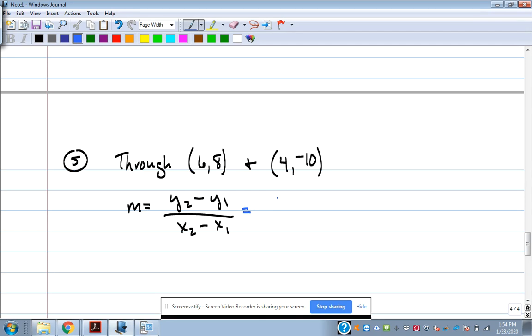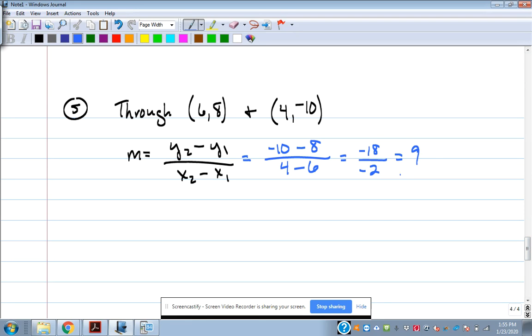I'm going to start with the negative 10, and I'm going to subtract 8. Since I started with the negative 10 y value, I've got to start with the x value that goes with it, so that'd be 4 minus 6. That's going to give me negative 18 over negative 2, which reduces to be what? Positive 9.